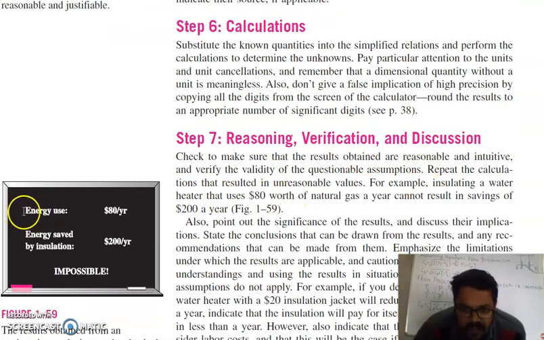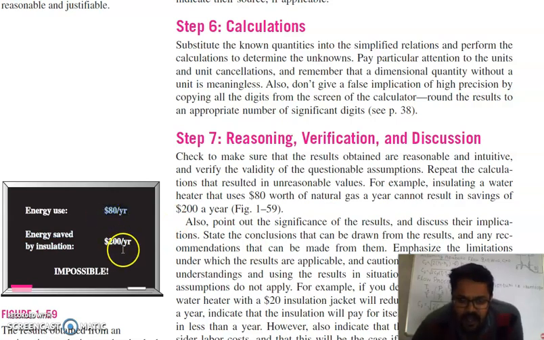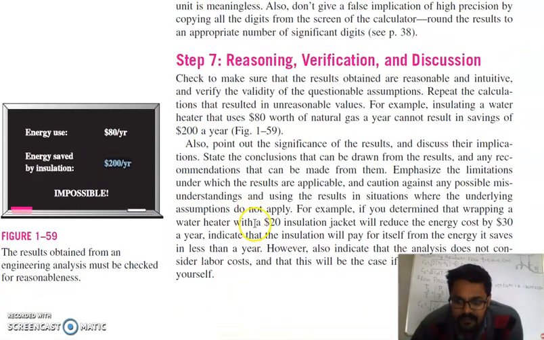Suppose energy use is $80 per year, and after solving the problem you get energy saved by insulation of $200 a year, which is impossible, because energy use is only $80 per year, and after insulation it can be reduced to $40 or $30. Here you have saved more than what is actually used, so it is not feasible.